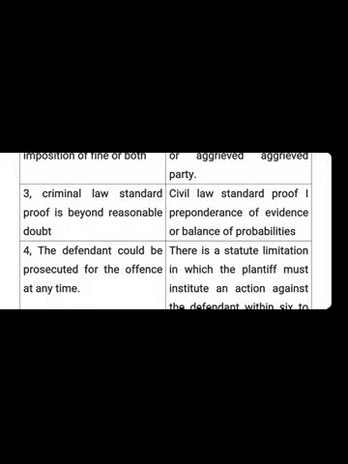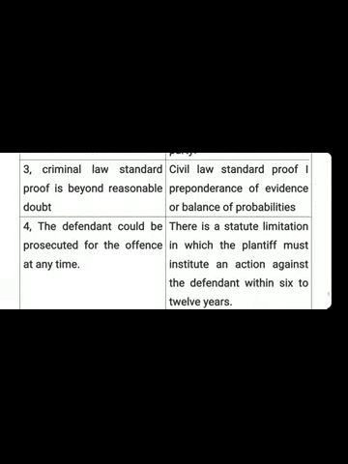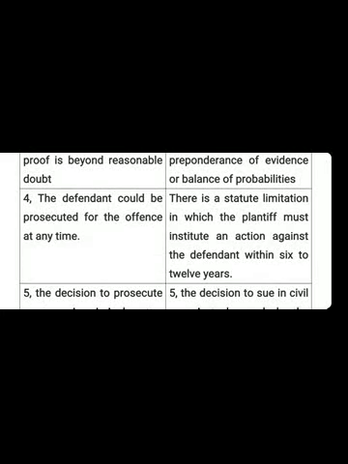In criminal law the standard of proof is proof beyond reasonable doubt, while in civil law the standard of proof is preponderance of evidence or balance of probabilities. The defendant could be prosecuted for offences at any time when it has to do with criminal law, while in civil law there is a statute of limitation.